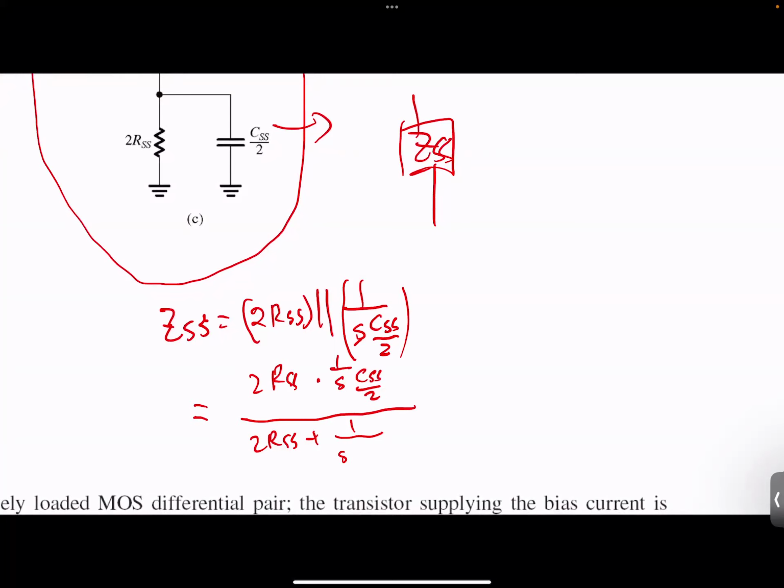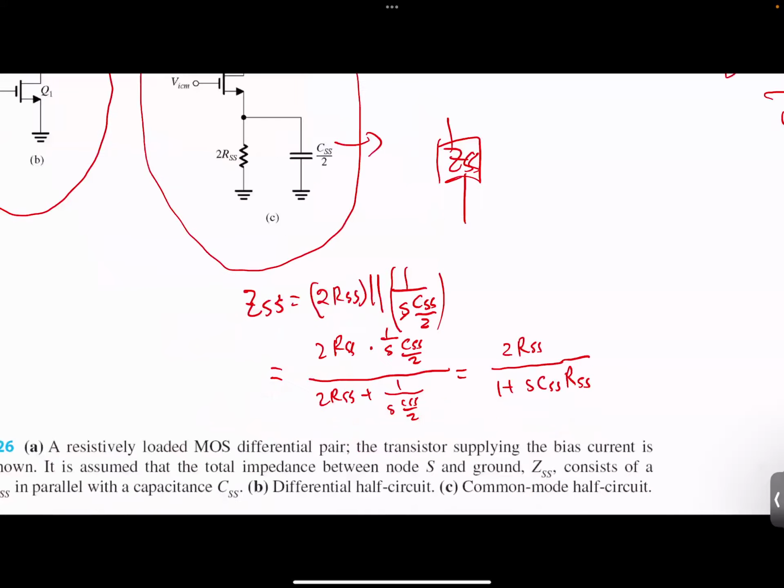We can further multiply this by S CSS over 2, and then we get ZSS equal to 2 RSS over 1 plus S CSS RSS. I think I got it right.